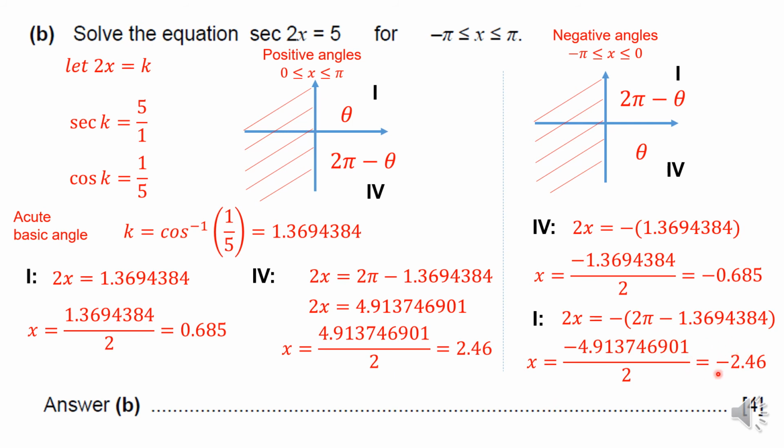So in this particular case, you realize that you have exactly the same answers, just with different signs. So one answer will be positive 0.684, for example, the other one will be negative, and the other one will be positive 2.46, and the other one will be negative.